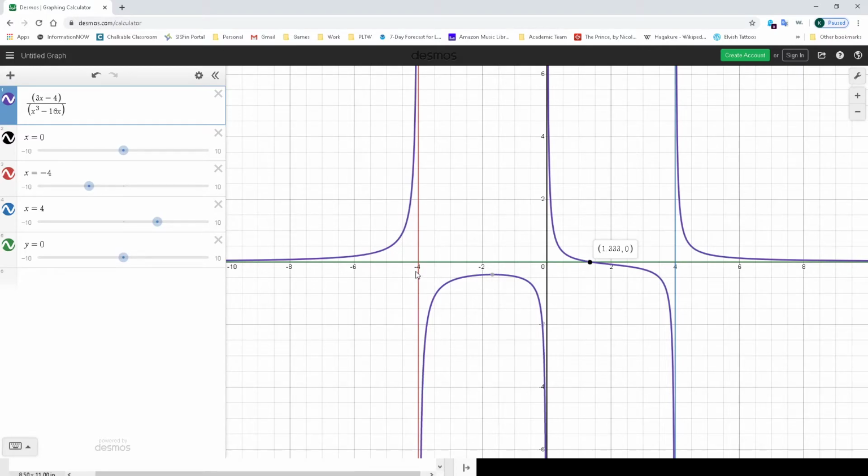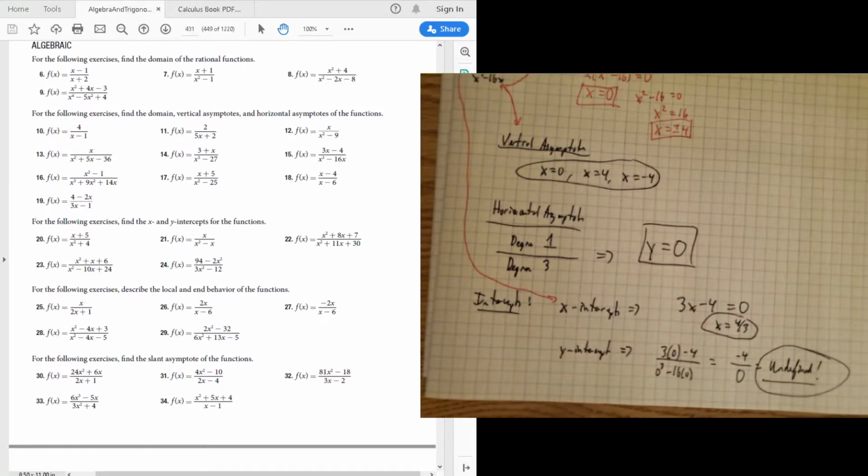And so you can see red line, black line, and blue line are all vertical asymptotes. Green line is a horizontal asymptote. And notice the single intercept we have is at 1.3 repeating, which is 4/3, of course. We were able to predict all of this using the formulas that we have, which is still pretty neat.